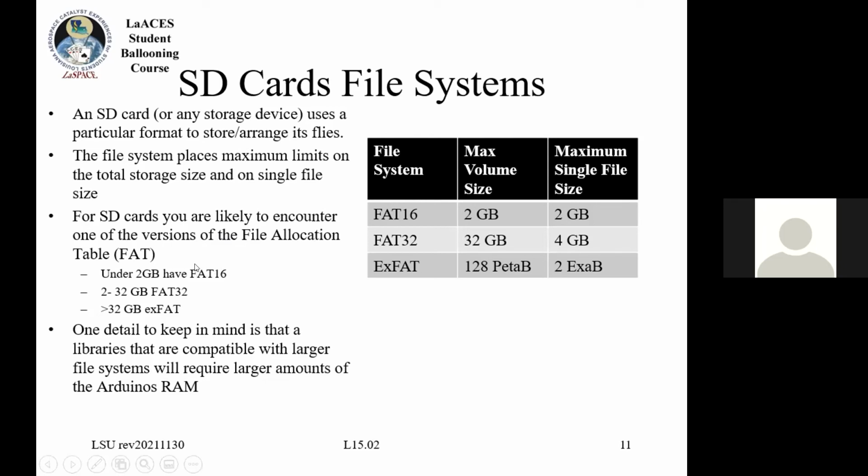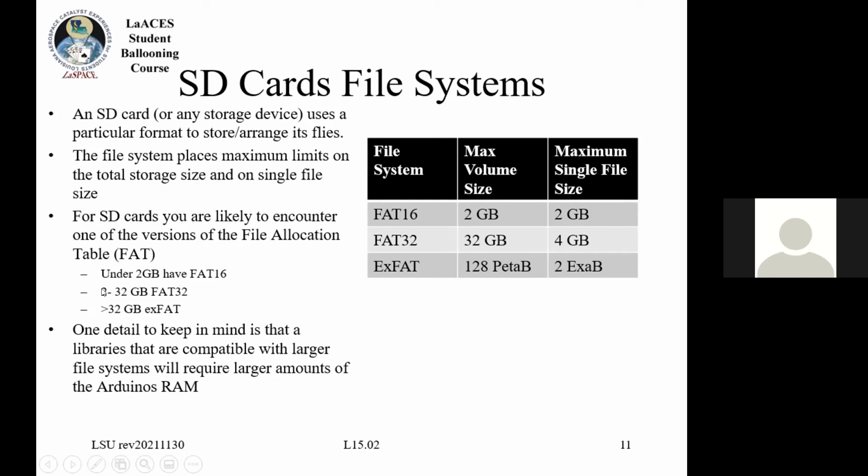So FAT16 is the oldest file system. It's going to have the smallest file size. You're probably not going to run into that unless you go looking for a very small SD card, like a 2 gig SD card, or one of those 512 meg SD cards.